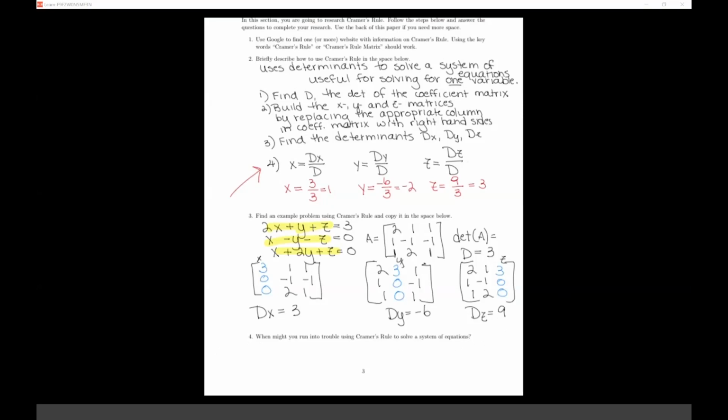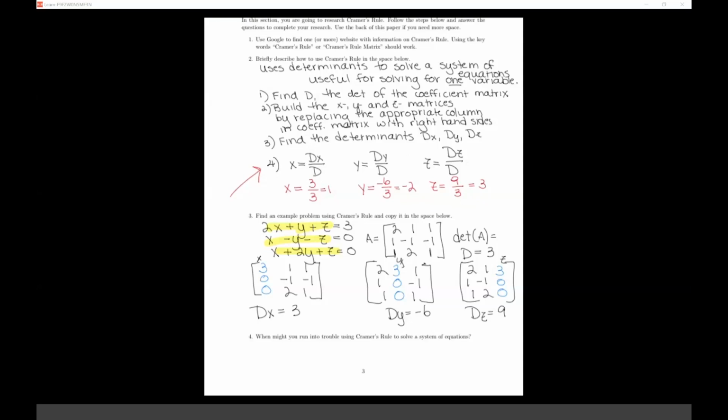You probably want to look at this up here, where I'm actually solving for X, Y, and Z. When will Cramer's rule break? And again, feel free to just unmute and talk.